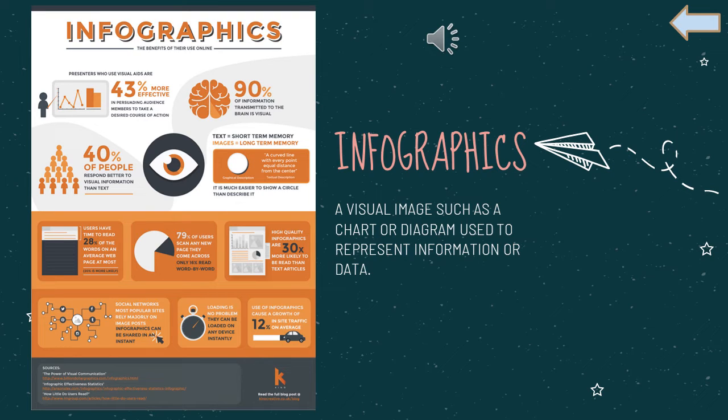It can be data about some things, and besides that, the data will come with its information. It's not only about the diagram or the chart itself, but it also represents the information in it.